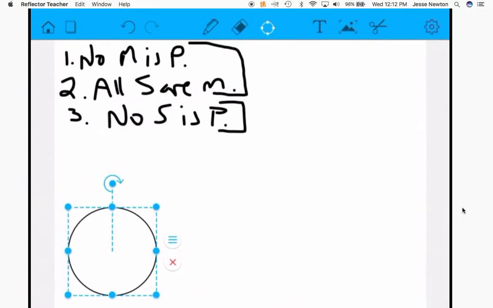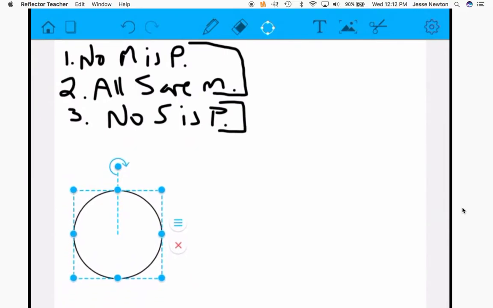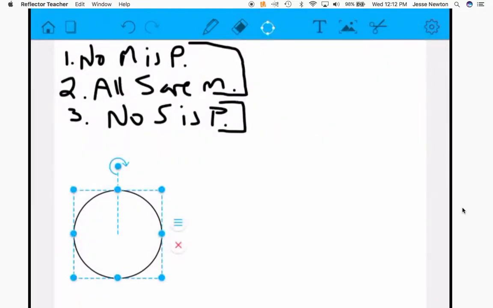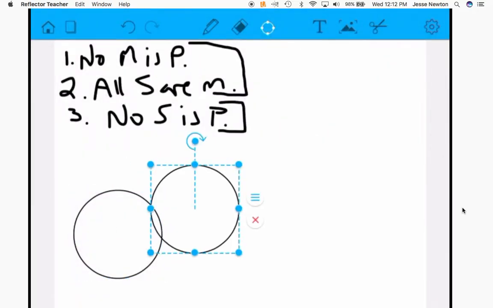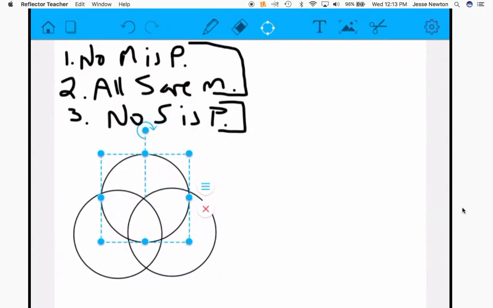We're going to begin by, let me give myself a little space here. There we go. We're going to begin by coming up with our regions. So we have a circle for S, one for P, and now we need one for M. Okay?